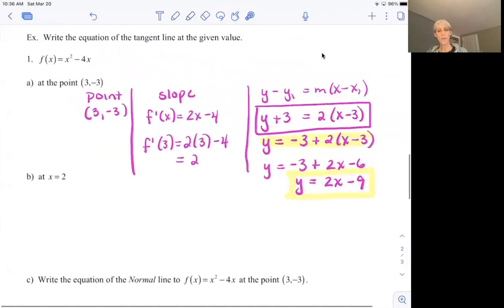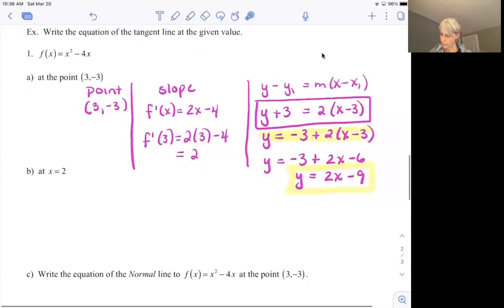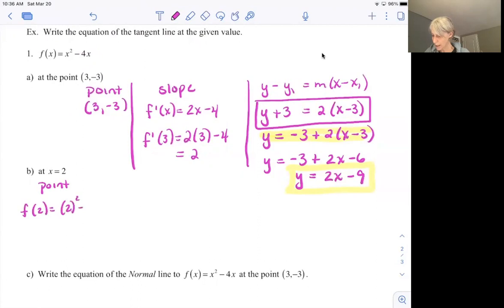We're going to go back up to our original function. And now we want to find the equation of the tangent line at x equals 2. This time I'm not given the point. So I have to do the work to get the point. f of 2 equals 2 squared minus 4 times 2. 4 minus 8 is -4.